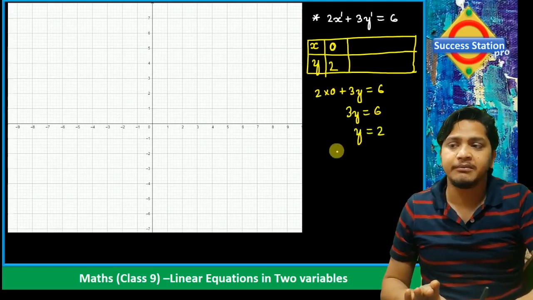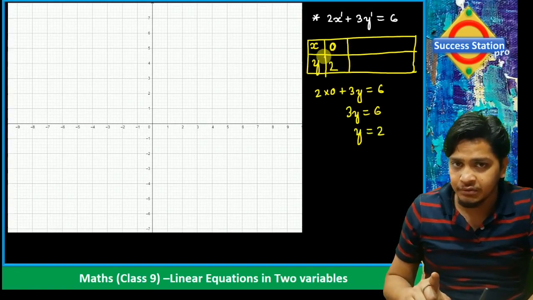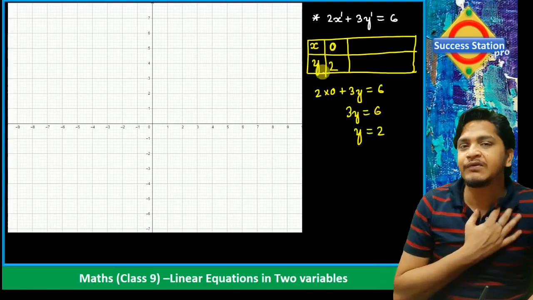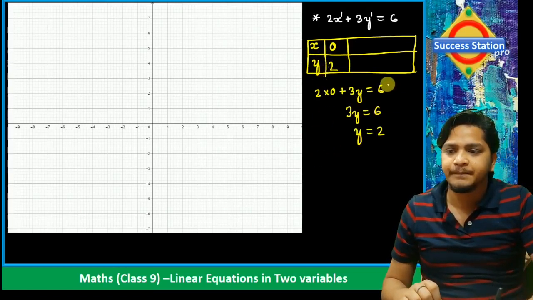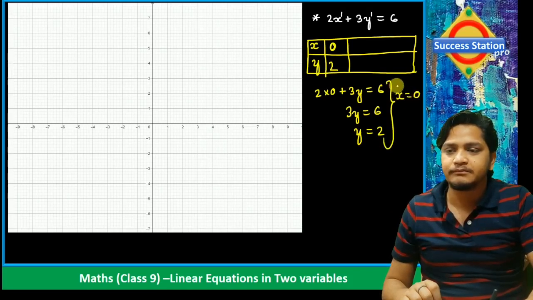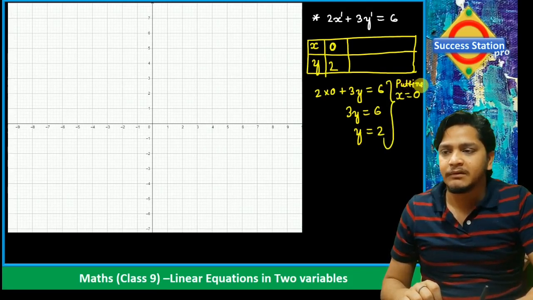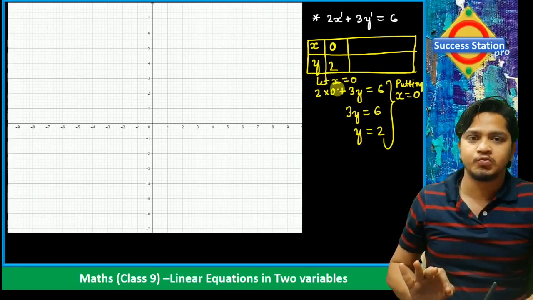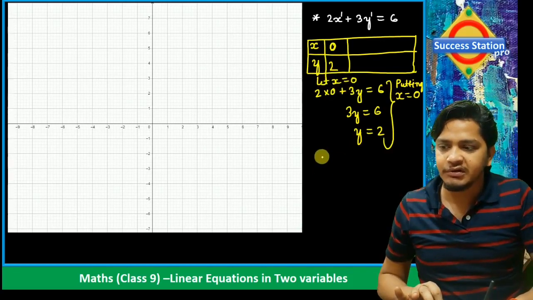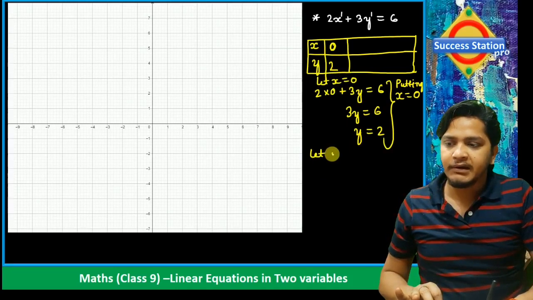Now the next time, once you made x 0, now it's the turn for y to become 0. So here you can write let x equal to 0. Now when x equal to 0, then y is 2. Right? So we got one solution. Now let y equal to 0.